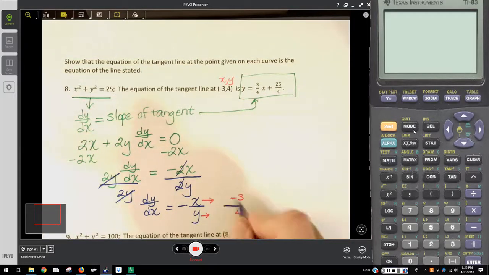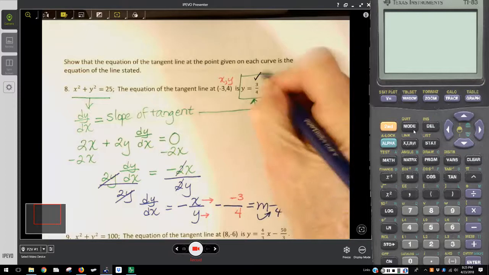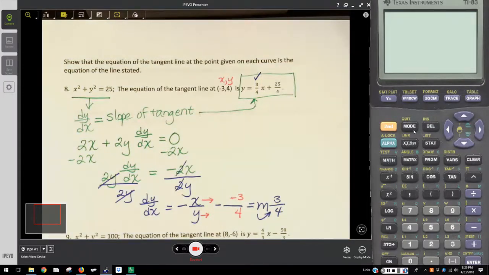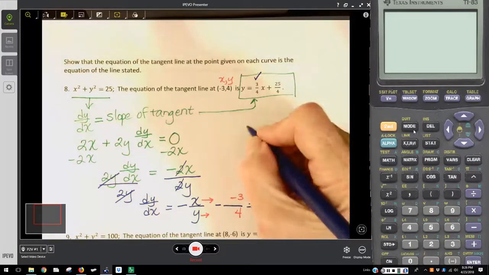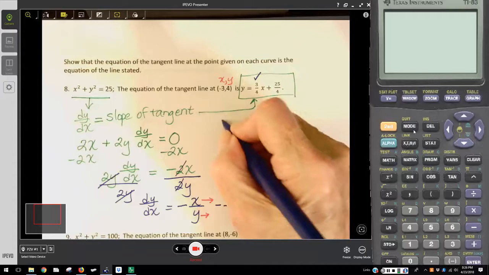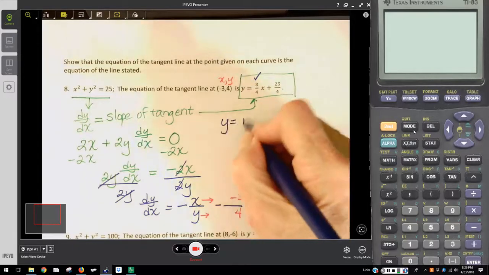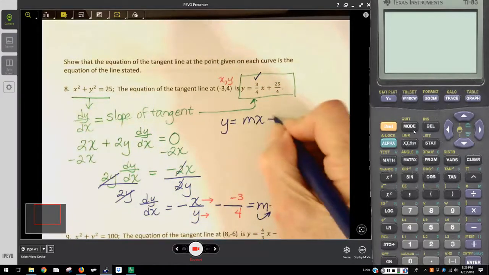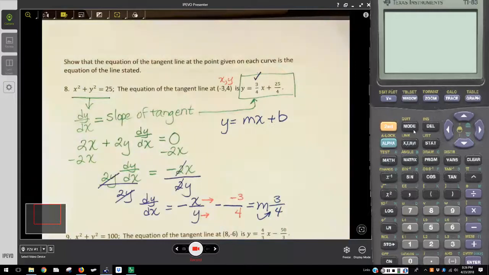So when we evaluate the derivative, negative 3 over 4, then the slope is going to be positive 3 over 4. And that is, in fact, what the slope is. So then we go to y equals mx plus b. Even though some of you use the point slope formula, you'll come out with the same thing.